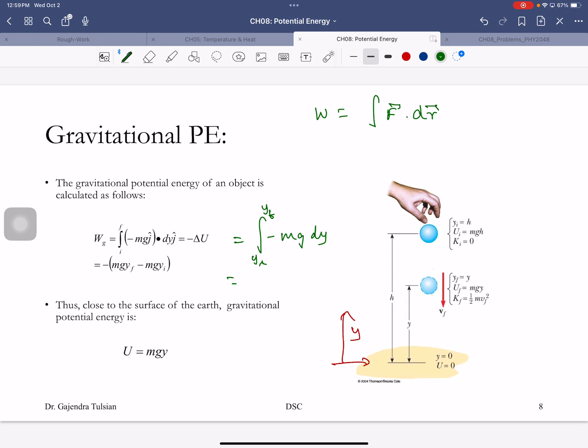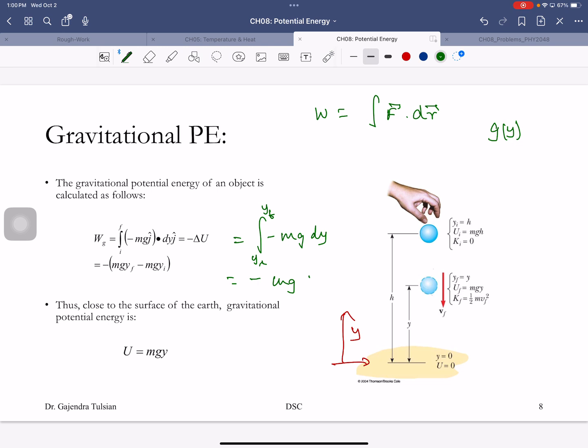That's equal to minus, and the integral of 1 is y, so it's... mg is a constant. Remember, we're close to the Earth, and g is constant. For instance, if you jump 100 kilometers, then g would be a function of y. But you're not going to jump 100 kilometers, okay? Not for now.